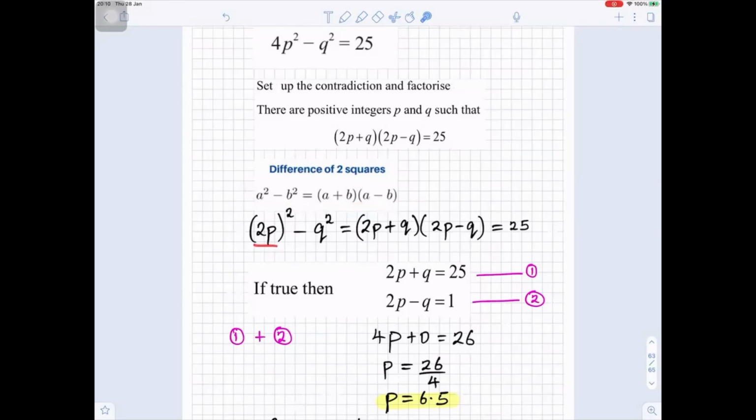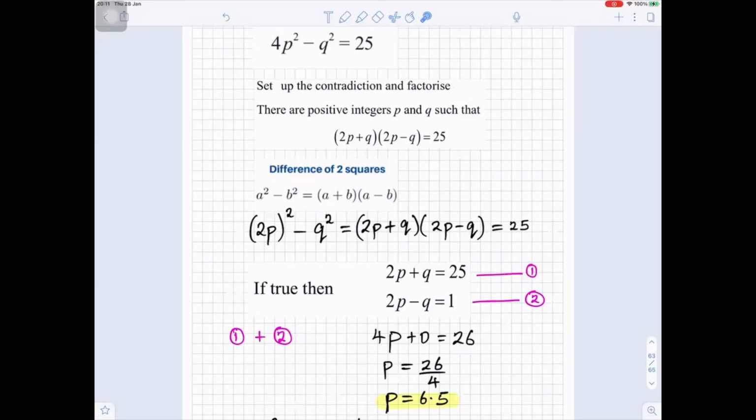So 4p squared minus q squared is (2p plus q)(2p minus q) equals 25. If true, then 2p plus q is equal to 25 and 2p minus q is equal to 1, because 25 times 1 is 25.